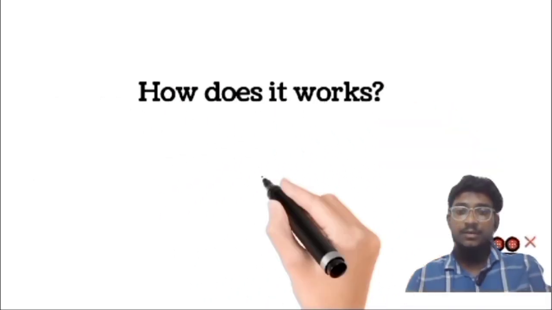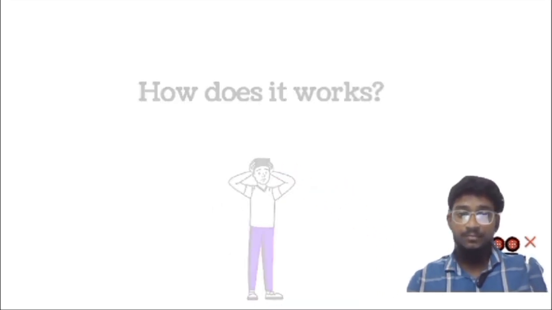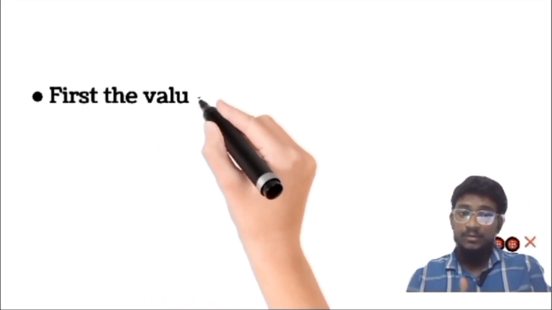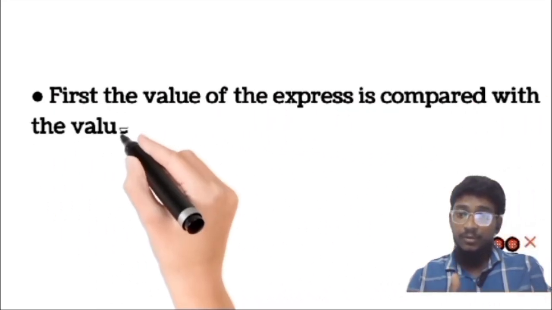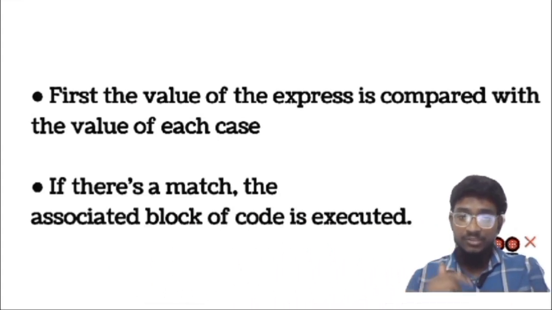Now we'll see how the switch case statement works in C#. First, the value of the user input is compared with the value of each case inside the switch statement. If there's a match, that exact block of code gets executed.